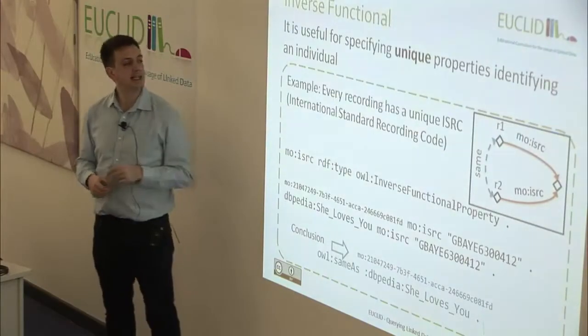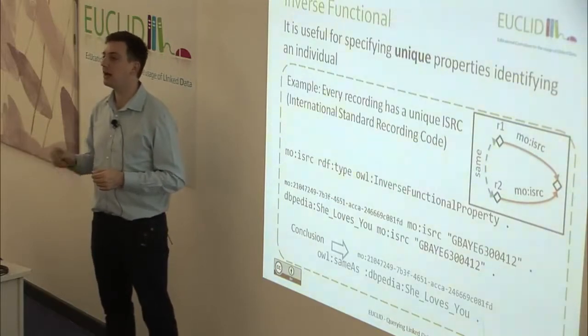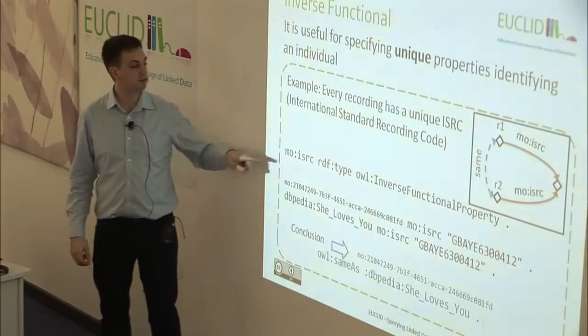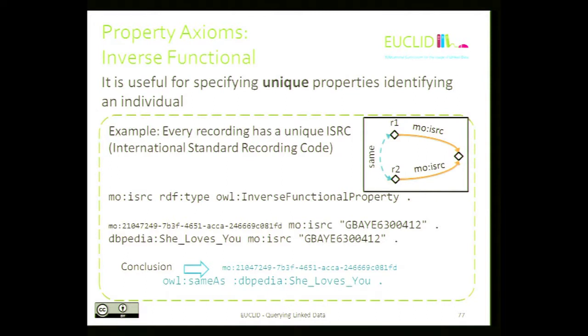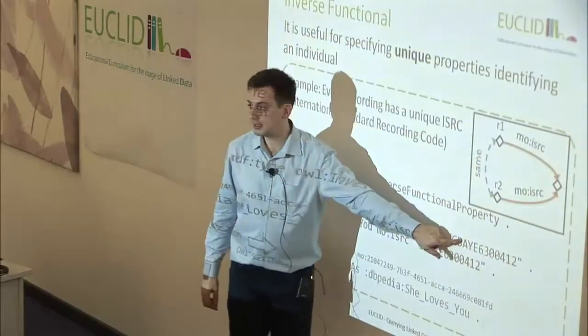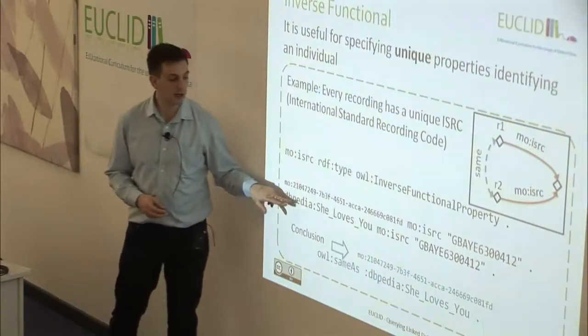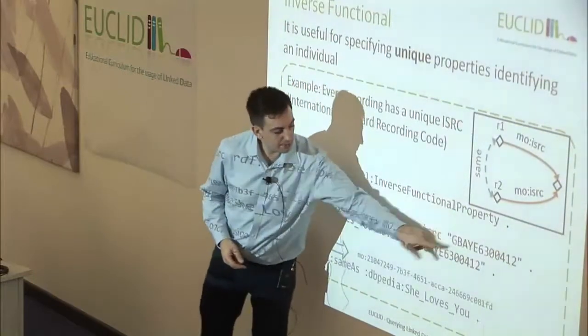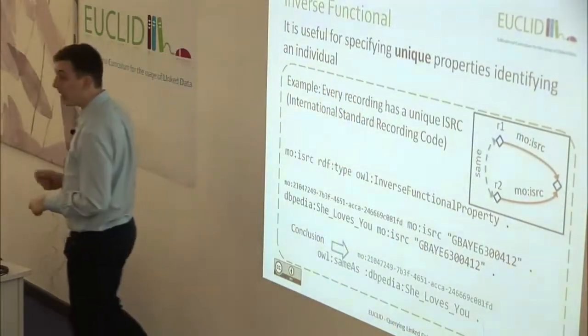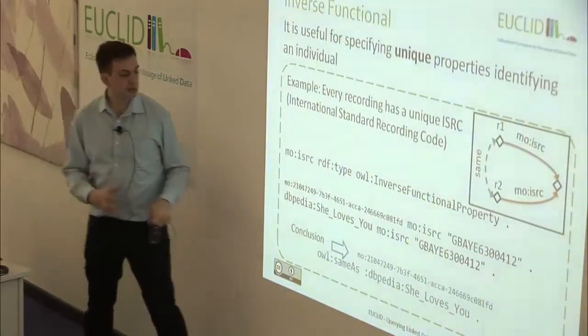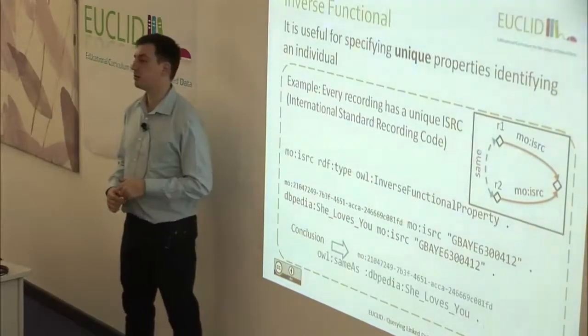One such is this International Standard Recording Code, ISRC. Okay? So we can use a property which is inverse functional, or we could assert that that property is inverse functional, because music ontology doesn't at the moment. And then if we attach to a given recording this ISRC, okay, and then we have a different URI, here a DBpedia URI, that's attached to the same identifier with this ISRC property, then we must infer that the subjects are the same as one another.